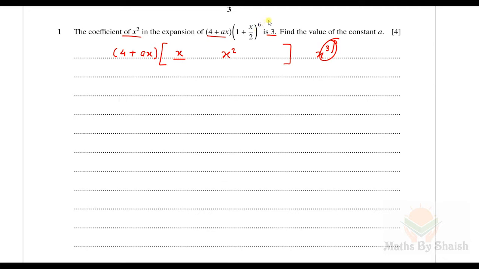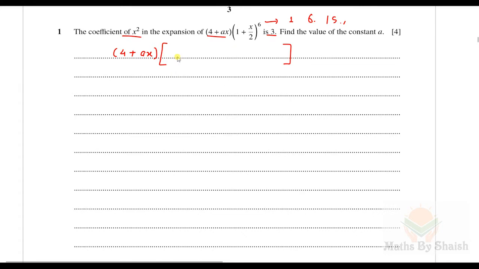By the Pascal triangle we know that the coefficients for power 6 are going to be 1, 6, 15, 20 and so on, with x power 0, x power 1 and x power 2 next. So we only require these three.